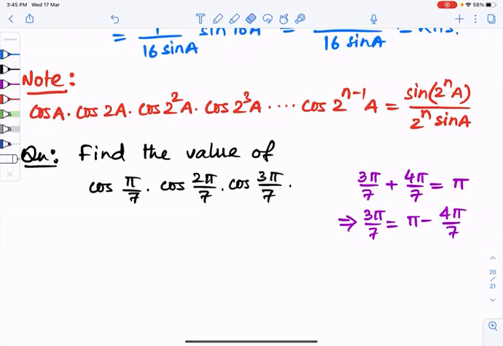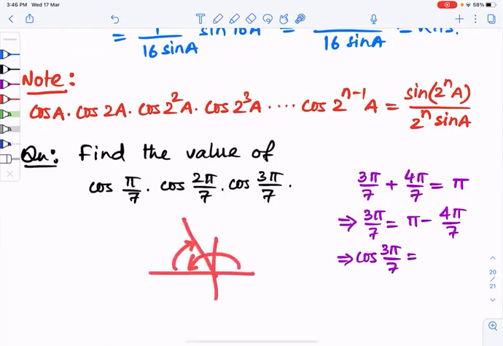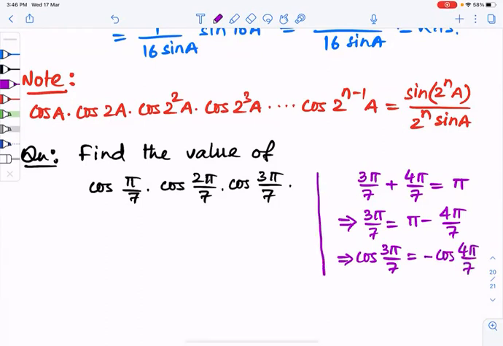So if I apply cos of pi minus something, pi is up to this, minus something, so it comes here. So cos is negative. It becomes minus cos 4 pi by 7.